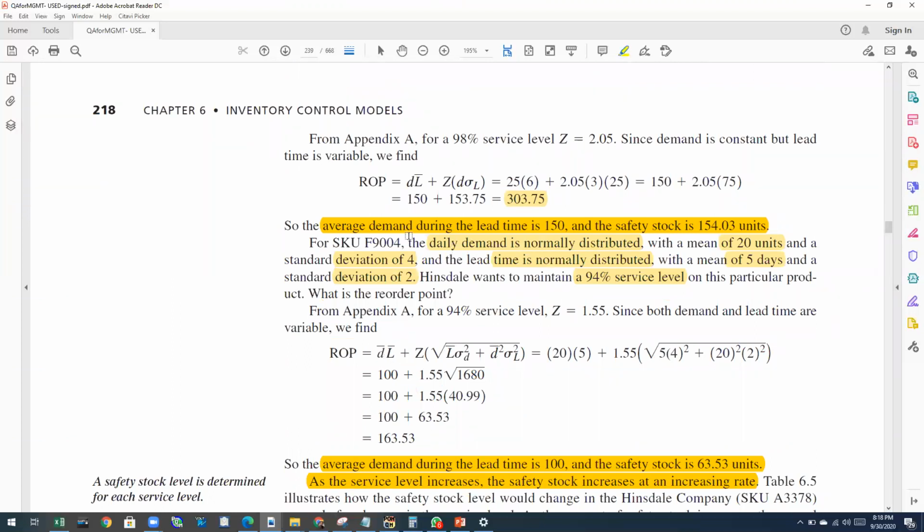Daily demand is normally distributed with a mean of 20 units. So average demand is 20, and average lead time has a mean of 5 days.